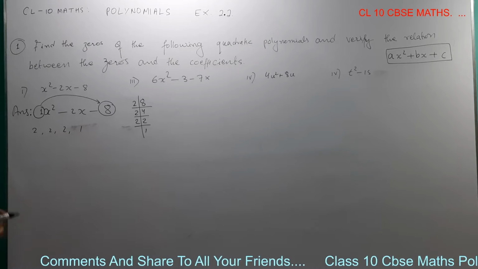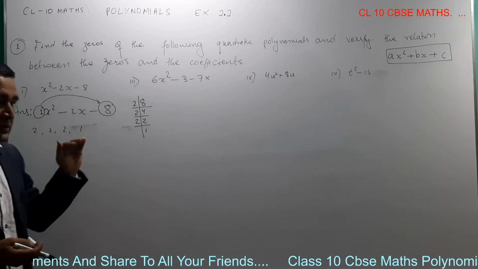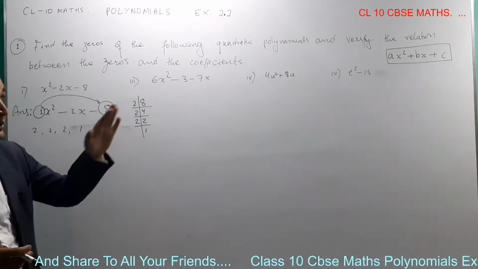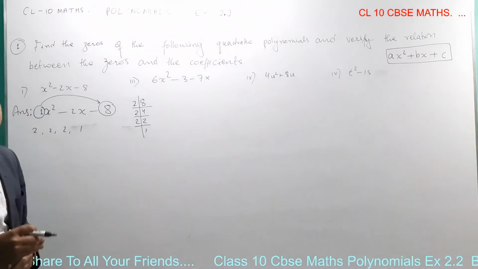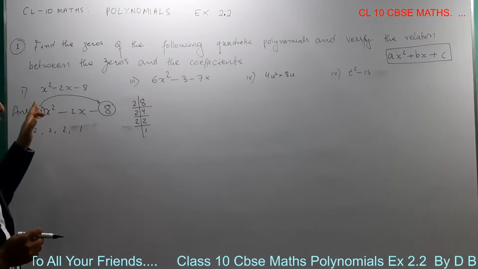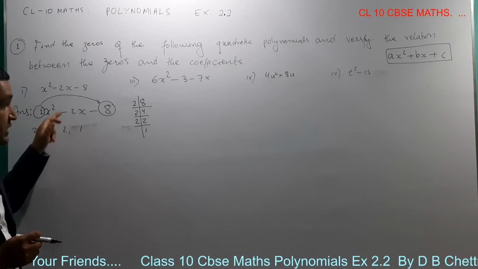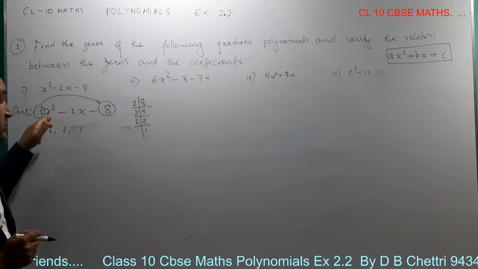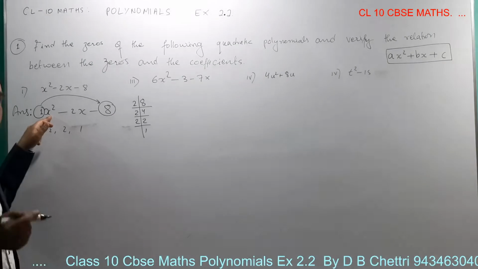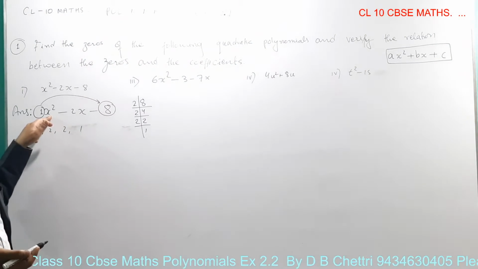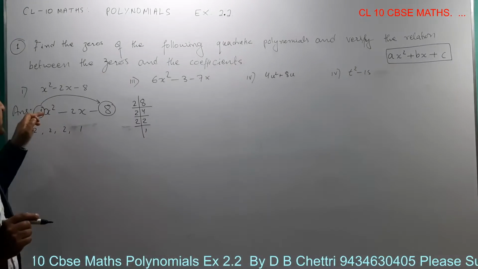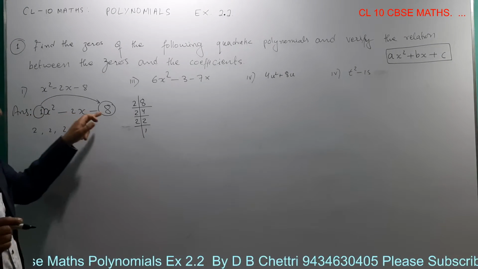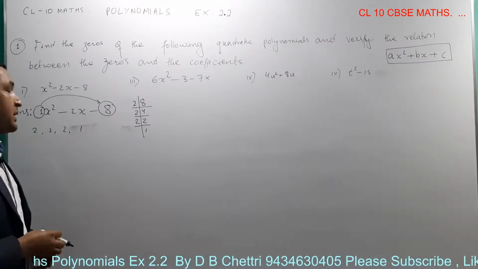So what is the first step? First, arrange the equation according to general form. After arranging it, get the product of the coefficient of the variable square and the constant term. Variable square means sometimes it may be a square, sometimes b square, any letter square. That's why I'm saying variable square. In this case, it is the coefficient of x square and the constant term.